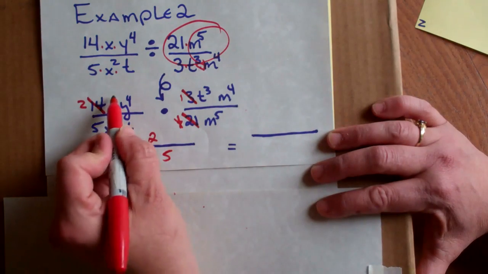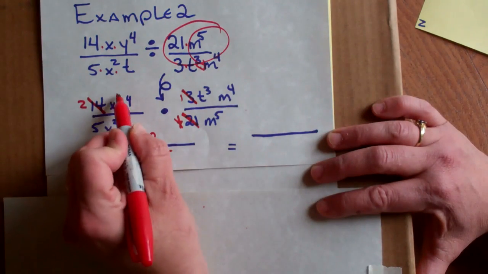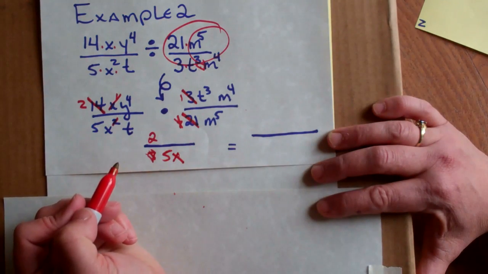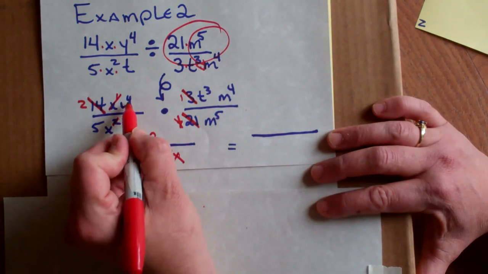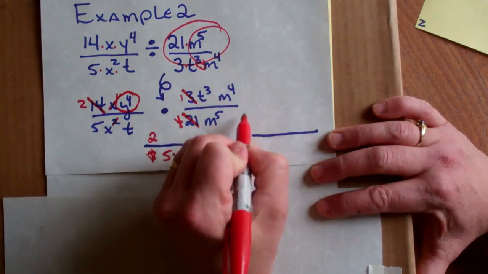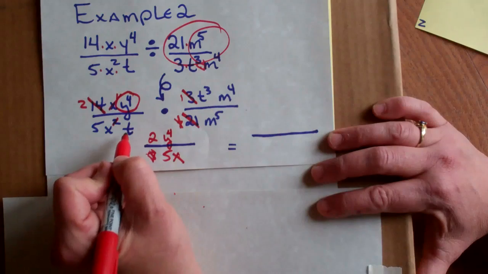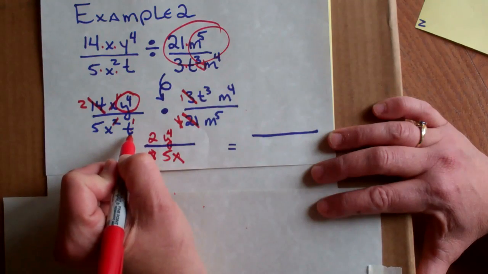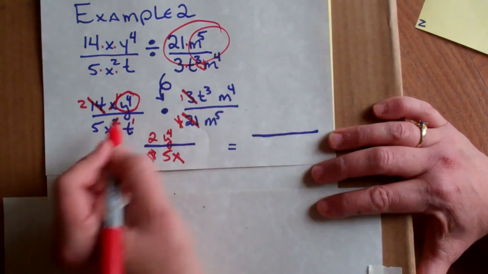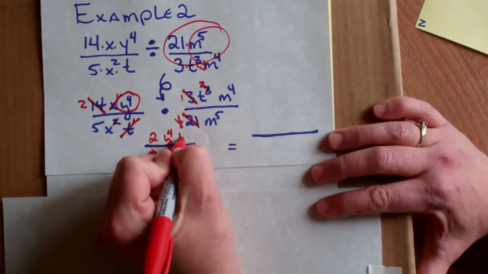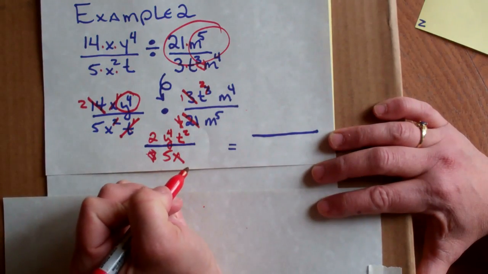Let's look at the x's. I have 1 x on top and 2 on the bottom, so 1 with 1 leaves 1 x downstairs. How about the y to the 4th? Well, there's a y to the 4th and no other y's, so y to the 4th will stay upstairs. For t, I have 1 t in the denominator and 3 in the numerator, so I'm going to take one of these t's with one of those, leaving 2 t's in the numerator.